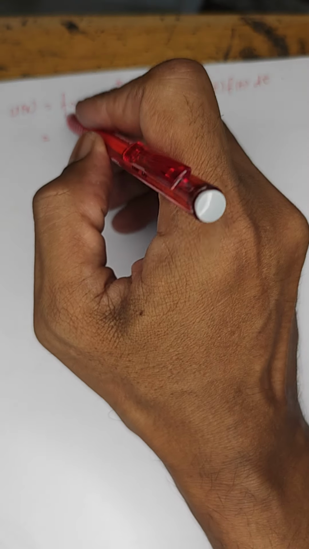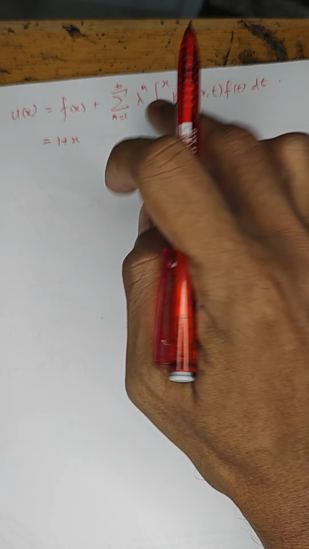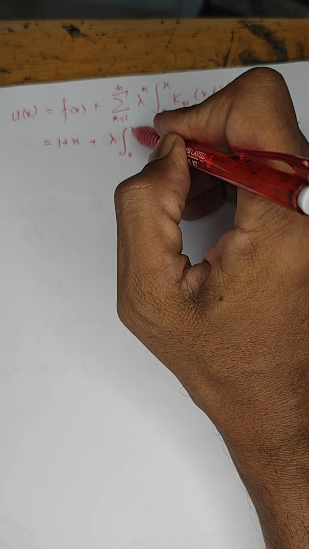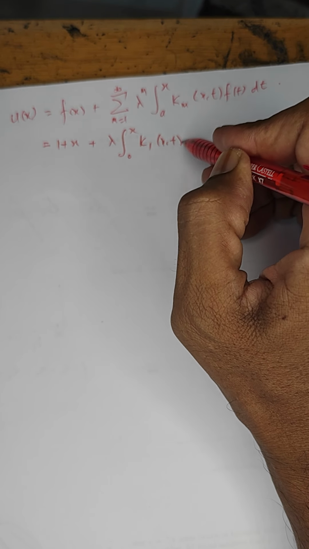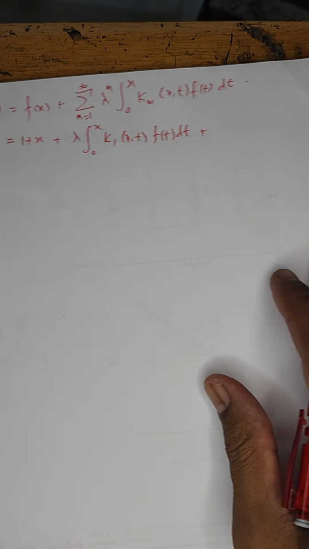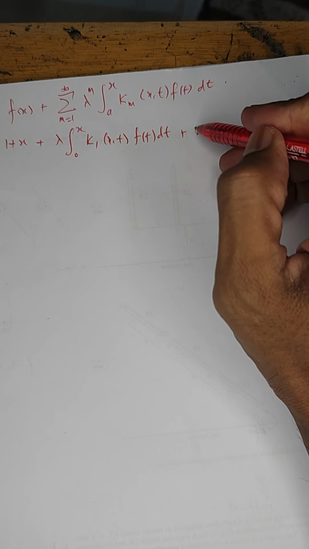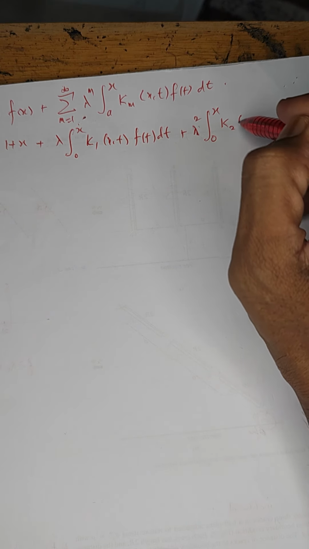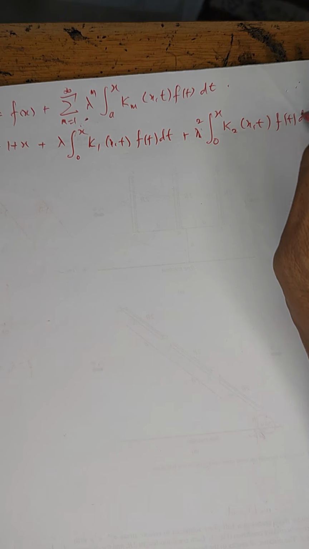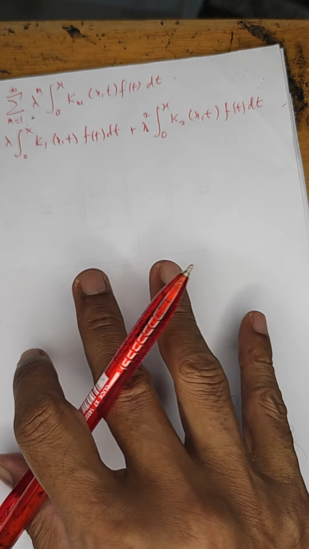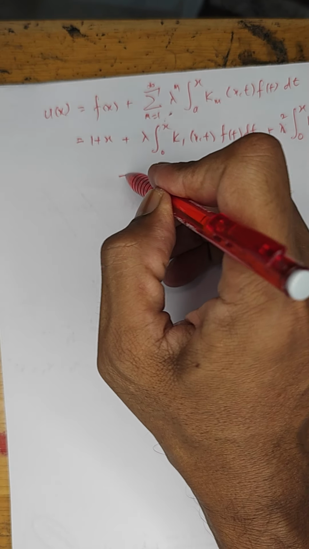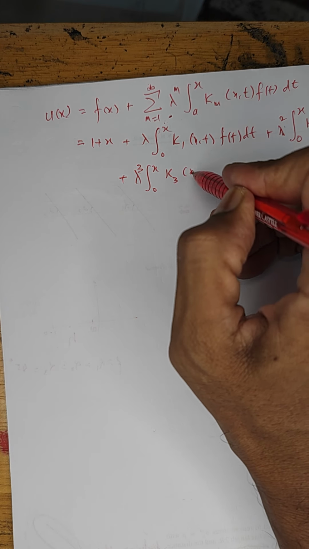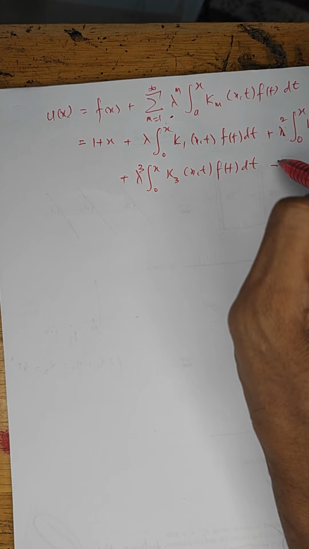So we have 1 plus x there, and for this we have lambda times the integral from a equals 0 to x of k1(x,t) f(t) dt, plus lambda squared times the integral from 0 to x of k2(x,t) f(t) dt, and lambda cubed times the integral from 0 to x of k3(x,t) f(t) dt, and so on.